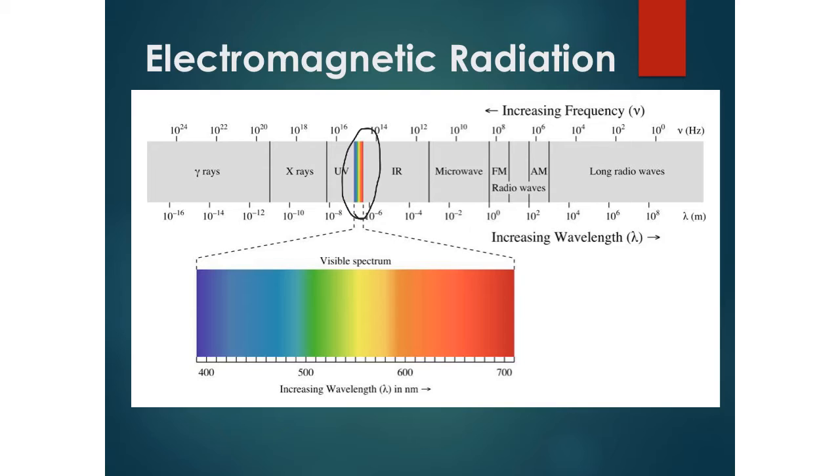Higher energy than the visible spectrum would be UV, X-rays, and gamma rays would be the highest energy. Lower energy than visible would be infrared, microwaves, and radio waves.